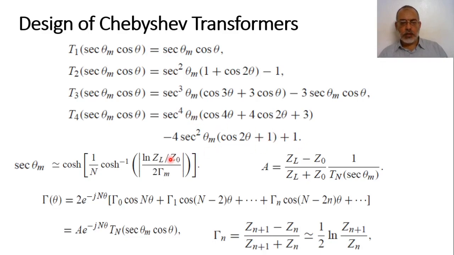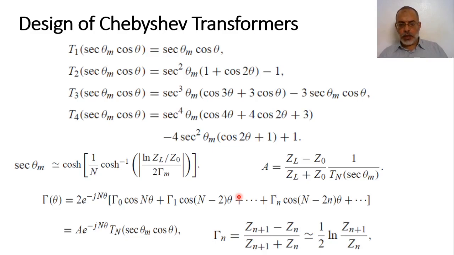These terms are free from any theta. It would be multiplied by A and divided by 2. It would be gamma 2. Once we obtain gamma 2, we can obtain Z3, which is the third element. And gamma 4 is the reflection from Z load to Z3.